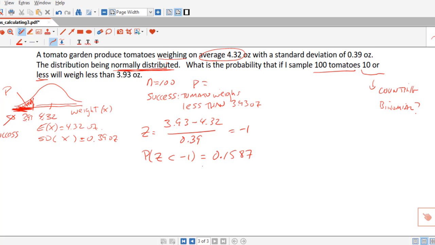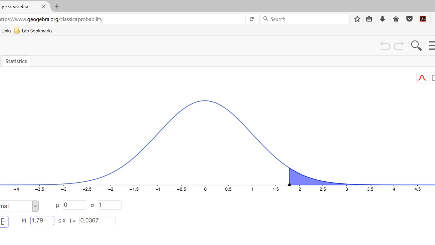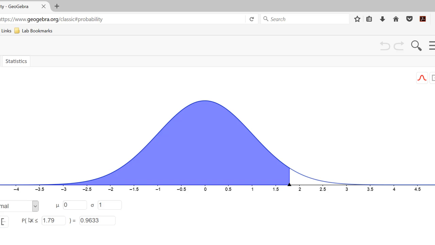So if you enter equal to norm.s.dist of -1, you'll get that number. That's typing into Excel. If I happen to go to GeoGebra, type -1, I get this 0.1587 as mentioned.